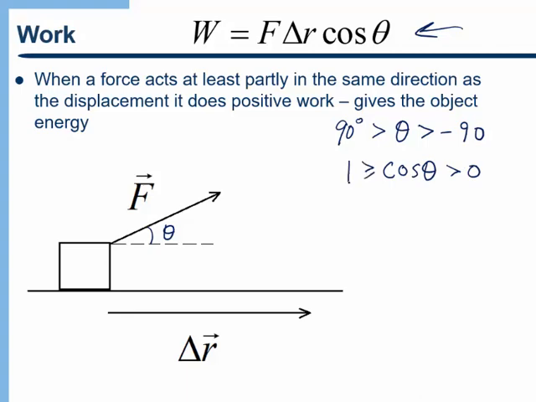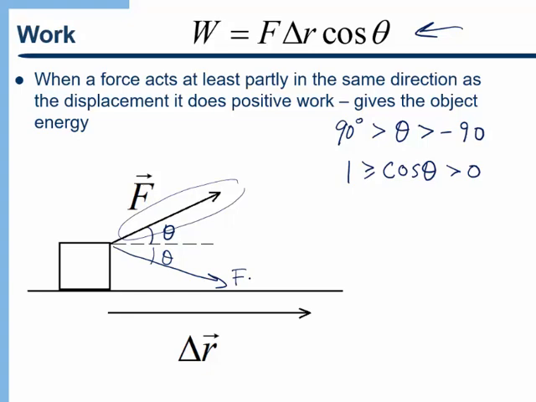And therefore, when that angle is between negative 90 and 90, we know that we're doing positive work. So in other words, at least part of the force is acting in the same direction as the displacement. That's when we get positive work. You'll notice that whether the force is, as I've drawn it here, or whether that force has a negative angle, in both of those cases, we'd be doing positive work.